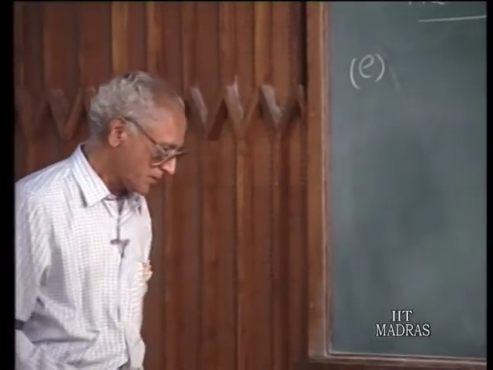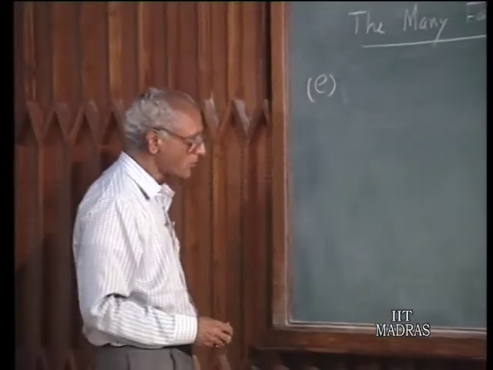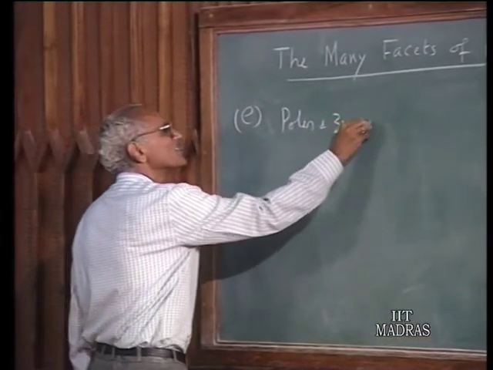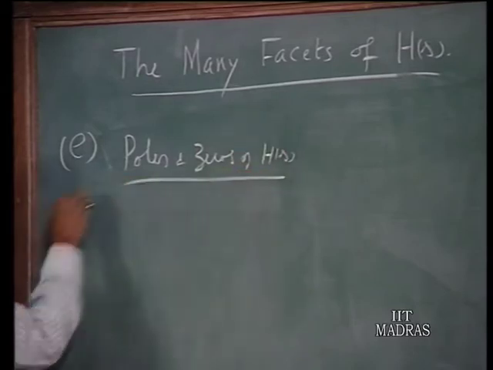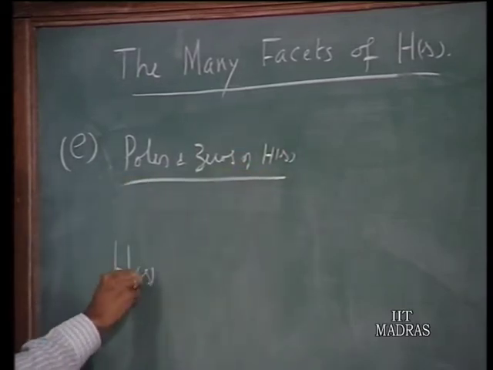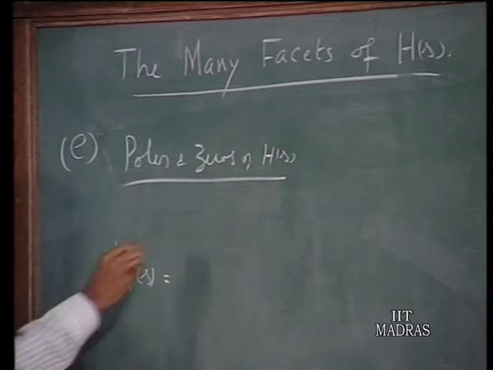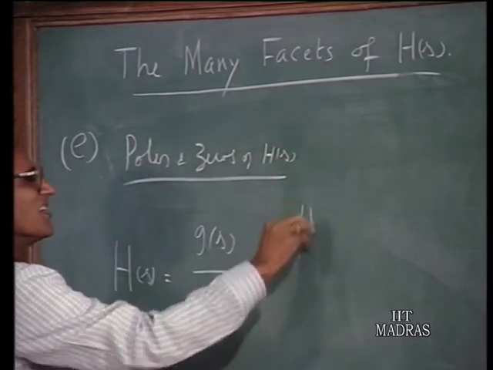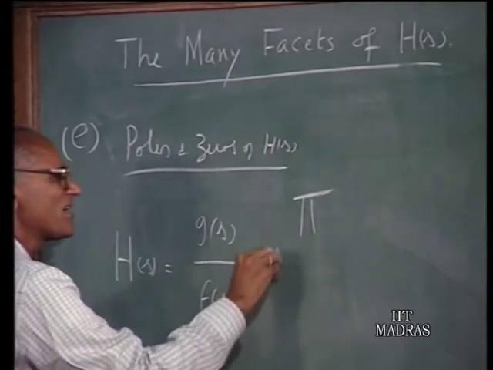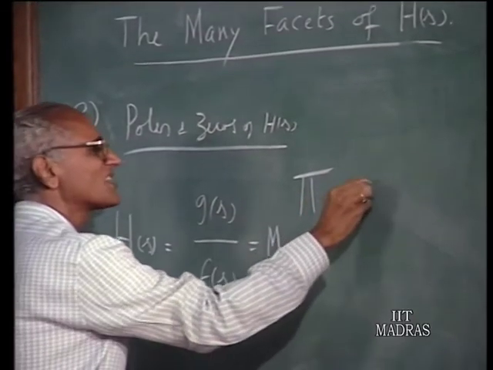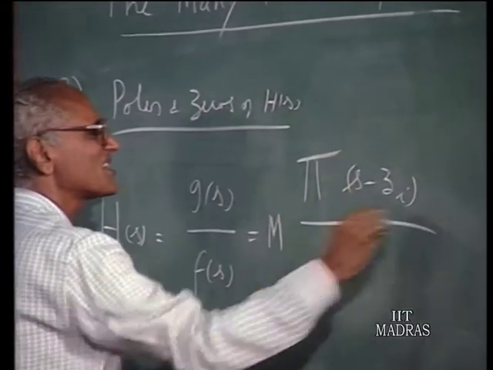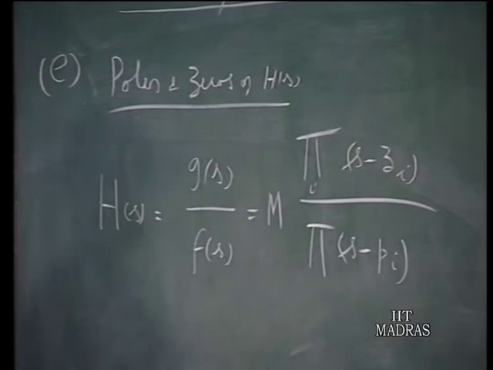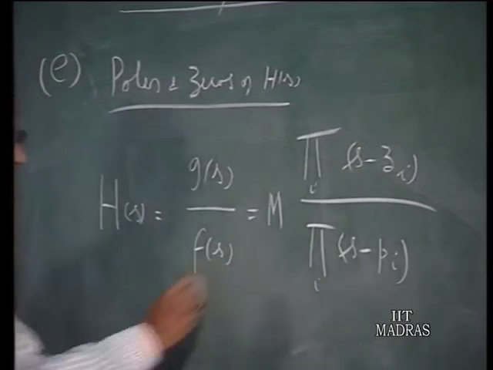Another property of the system function that we would like to make a note of is the significance of poles and zeros of H of s. So H of s is a rational function, as I mentioned, a ratio of two polynomials. Therefore it is a ratio of G of s over F of s. So in general there is a constant multiplying factor and a product of several such factors over i, and in the denominator we have products of such factors over i.